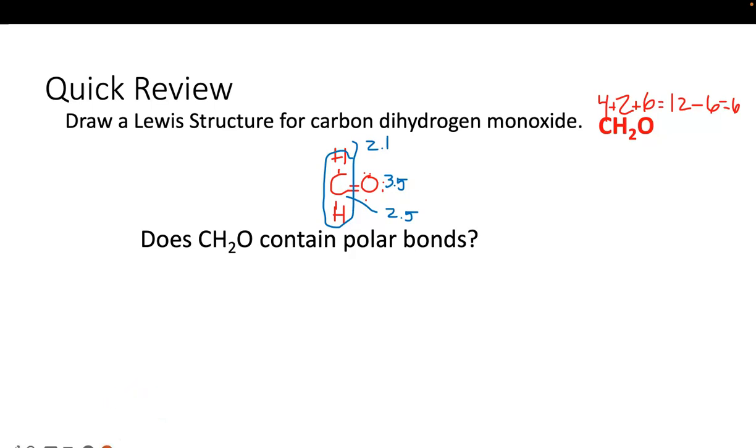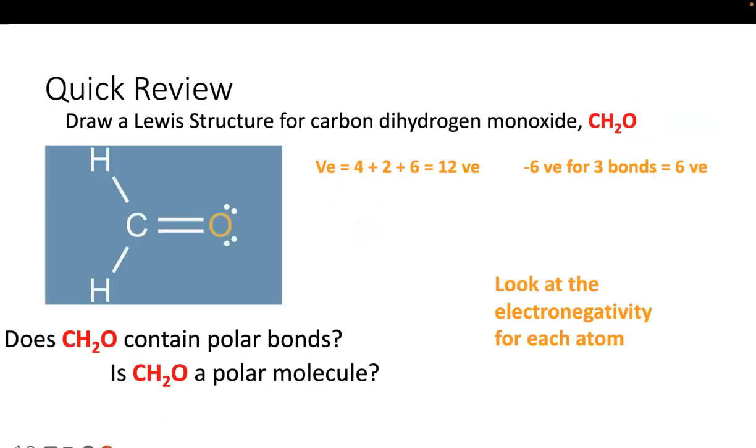And so this does have polar bonds, as you can see. Here's a picture of our molecule. And so because this oxygen is way down here, pulling on those electrons more, making that end of our molecule a little bit negative, leaving this end a little bit positive, it is going to be a polar molecule.